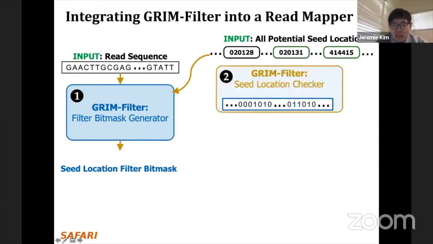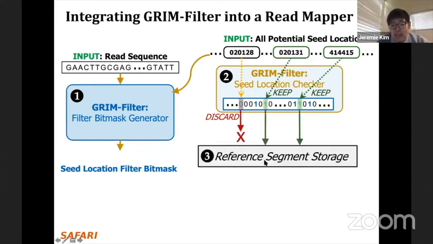So we send this bit mask over to a seed location checker, which compares the bit mask to the potential seed locations, and only passes on the seed locations that actually pass the checker, which is basically the indices that have a 1. Anyone that has a 0 is basically discarded.